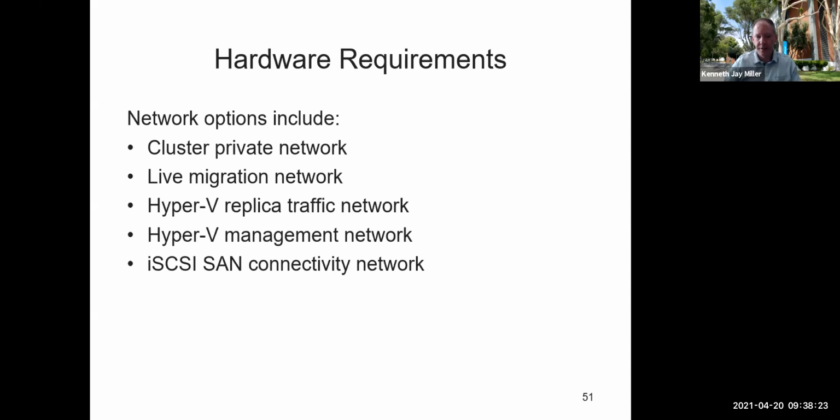We just want to prevent that. So the management network is where we isolate it for only our managers: our server admins, our network technicians, and system admins. They're the ones that should be able to access these things, but not everybody else. Okay, and then for using an iSCSI storage area network, we would have that shared network for our SAN connectivity.